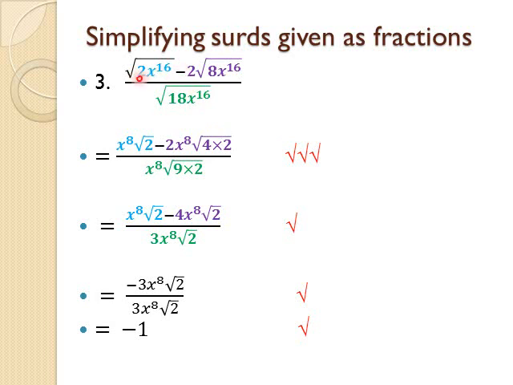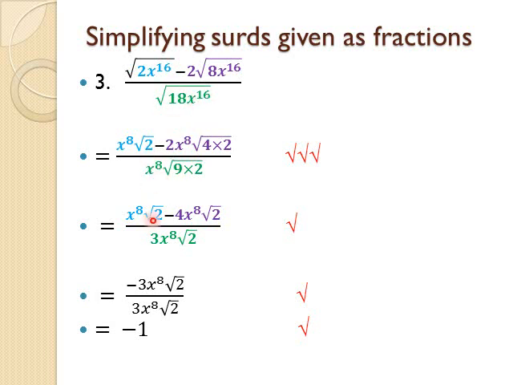So number 1, I can't find the square root of 2, it's a prime number, but 16 divided by 2 would give me x to the power 8. There, square root 8 would be written as 4 times 2, but 16 again, 16 divided by 2 gives me x8. Right? Bottom, 18 is 9 times 2, and 16 divided by 2 gives me x8.